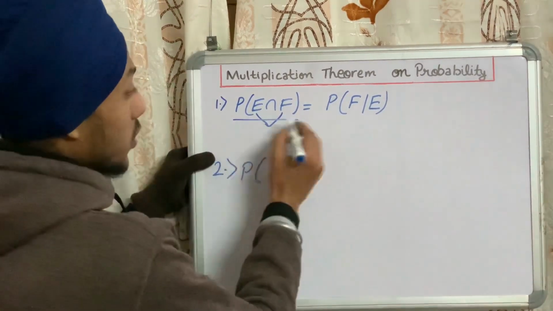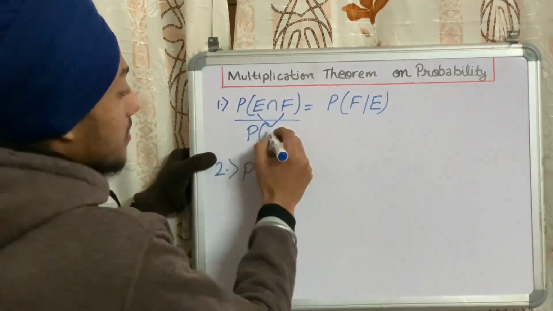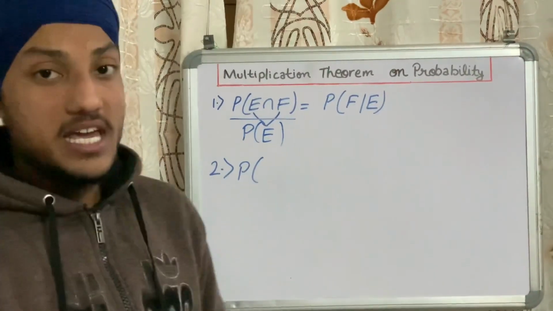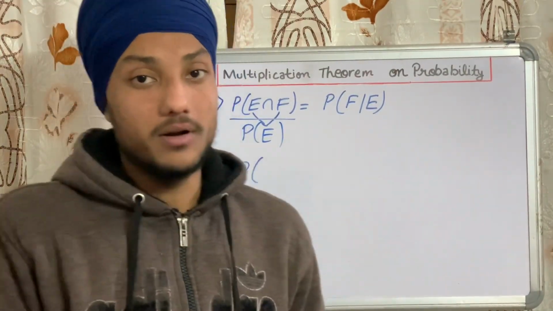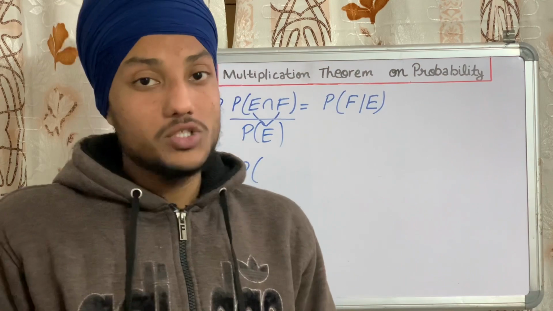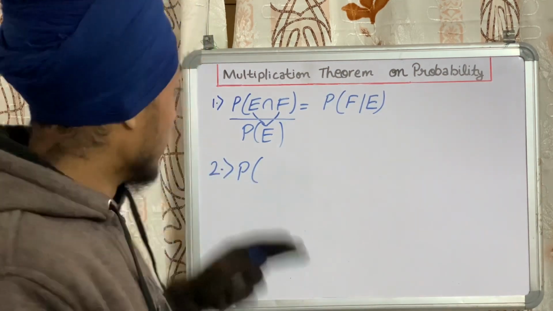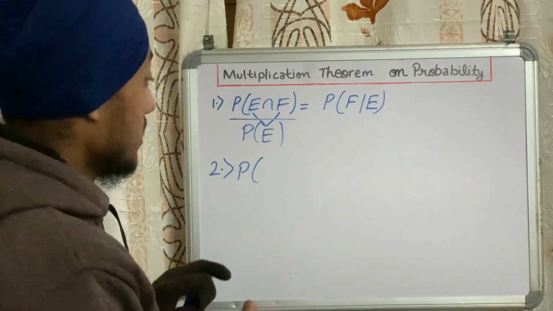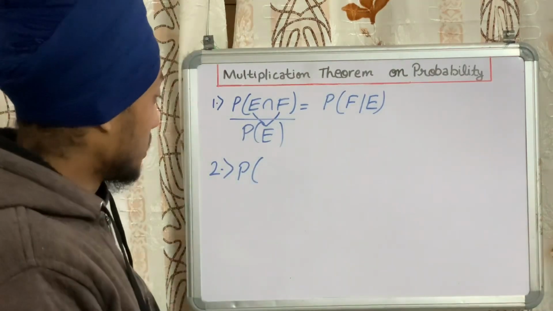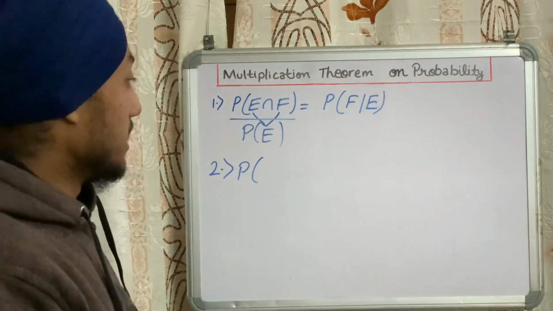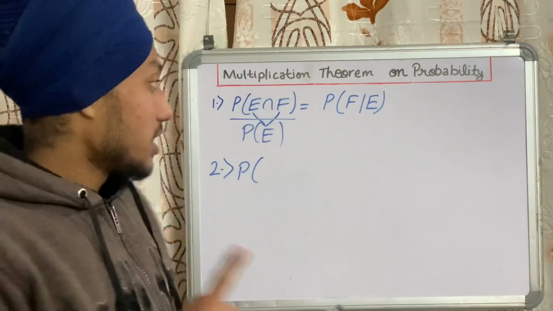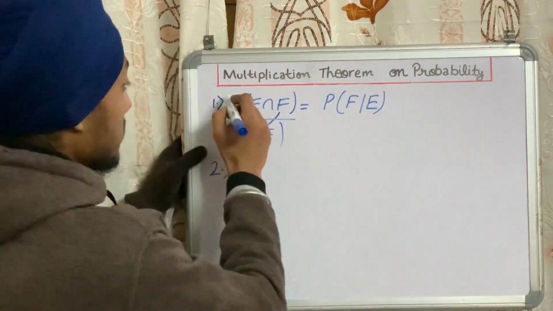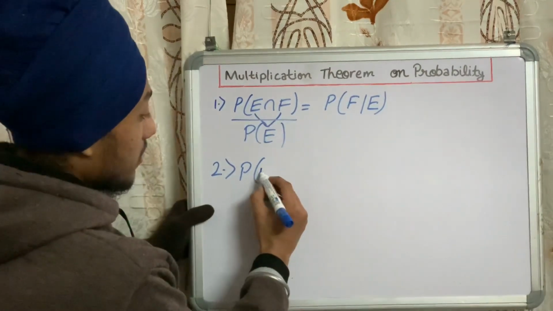We take the total probability as that of E, because we have entered E as E has already happened. Now we take a further step forward, as in our question we have to find another event, that is our F event. So let's look at what the multiplication theorem says. This is the conditional probability that we have learned.